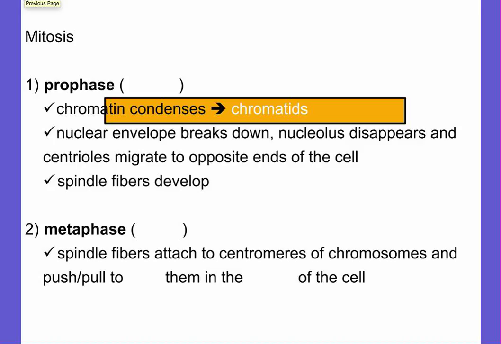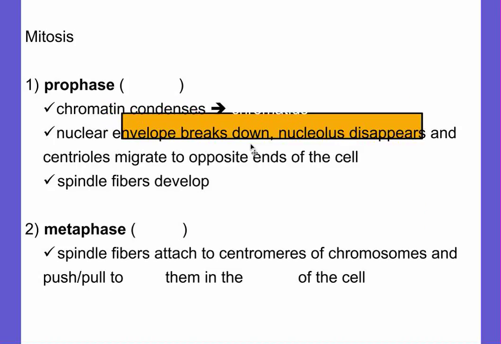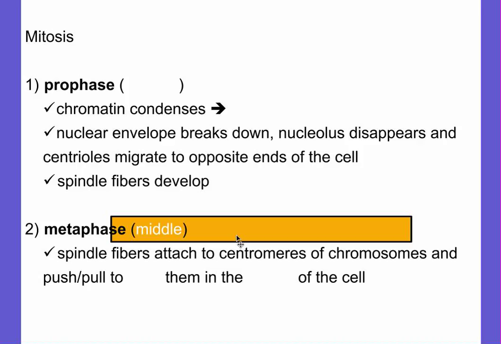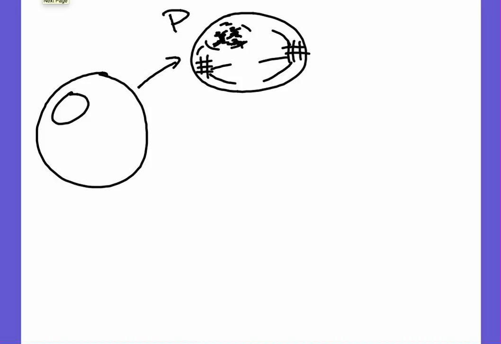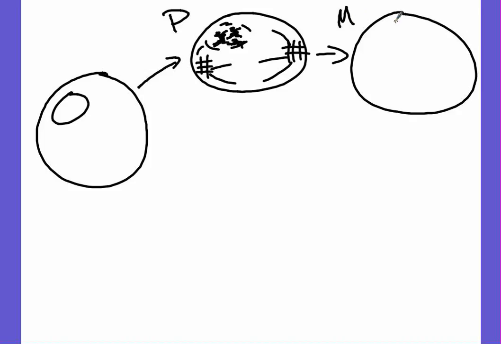After prophase, you have metaphase. And metaphase is going to have a key word here, middle. When I say middle, I'm trying to help you identify this stage because it's the easiest one to identify. During mitosis, in metaphase, your chromosomes are going to line up in the middle of the cell.